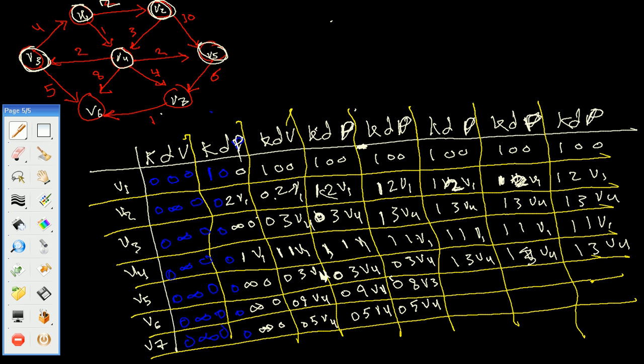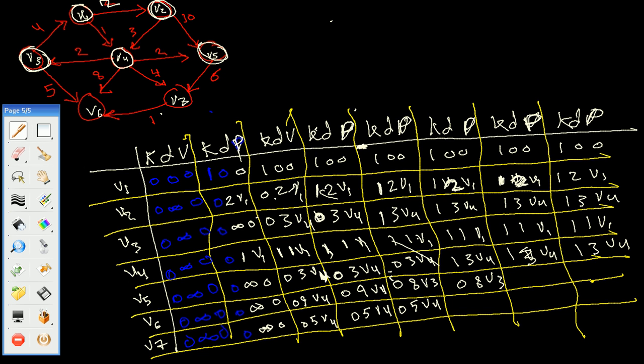After that, we want to go from V1 to V6, and you can do that. The cost is, I'm sorry for this, 0, 8, V3.